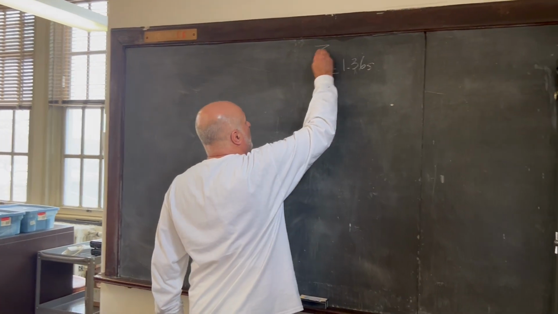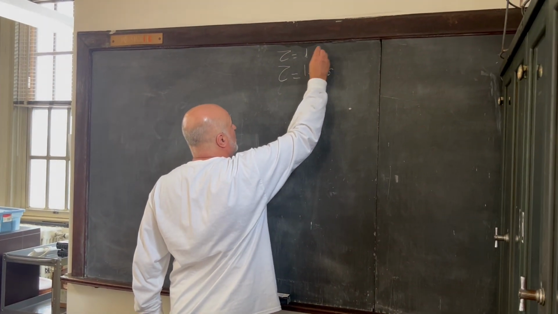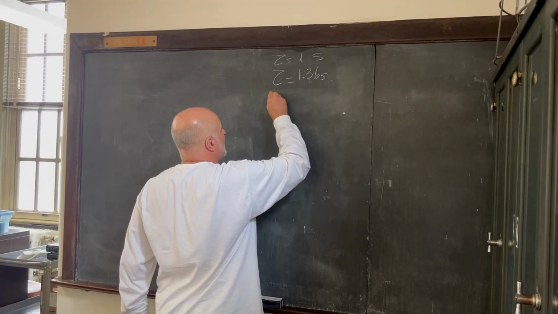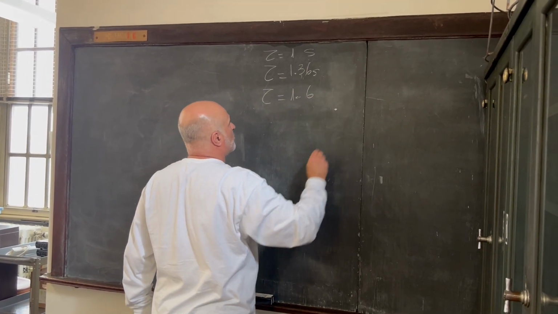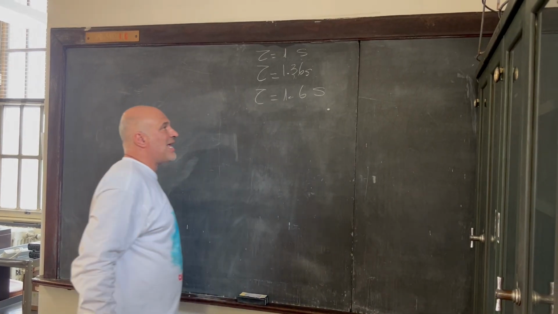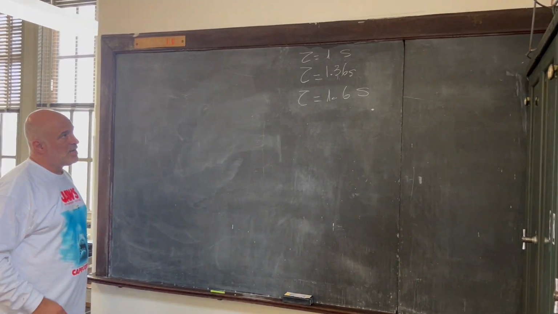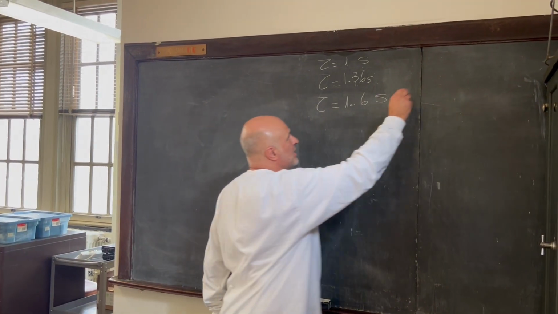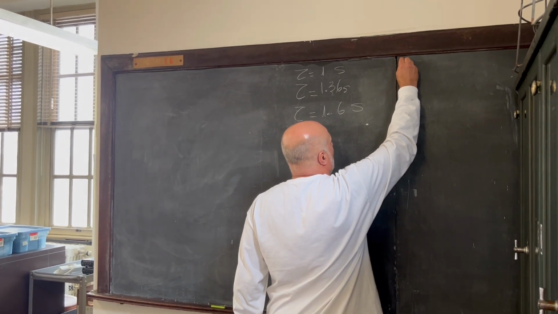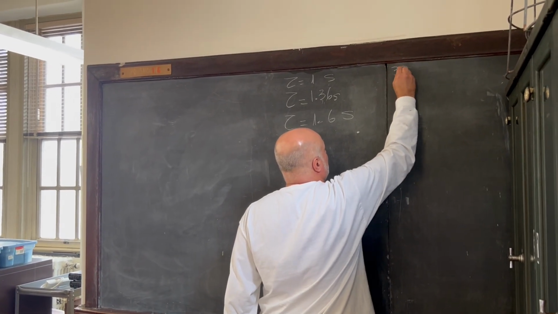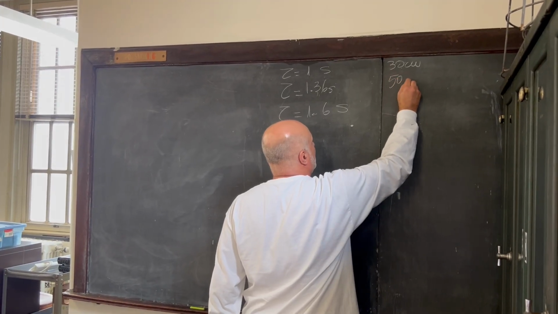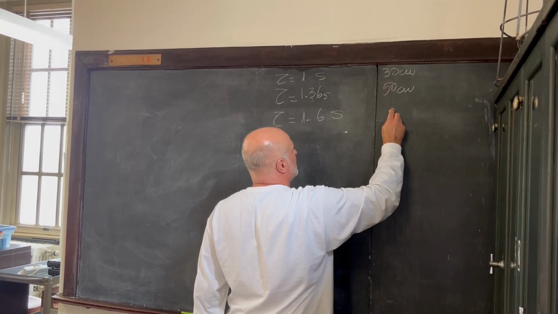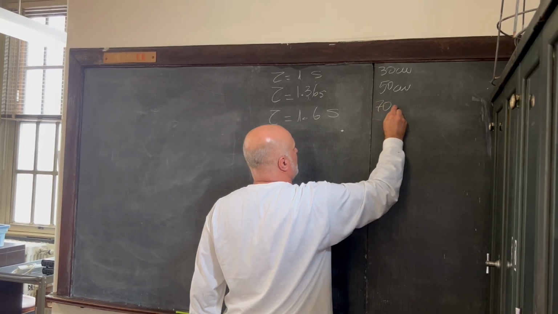And then we got the relation that there is a dependence on the length of the string. This one is for 30 centimeters. This one is for 50 centimeters. And this one is for 70 centimeters.